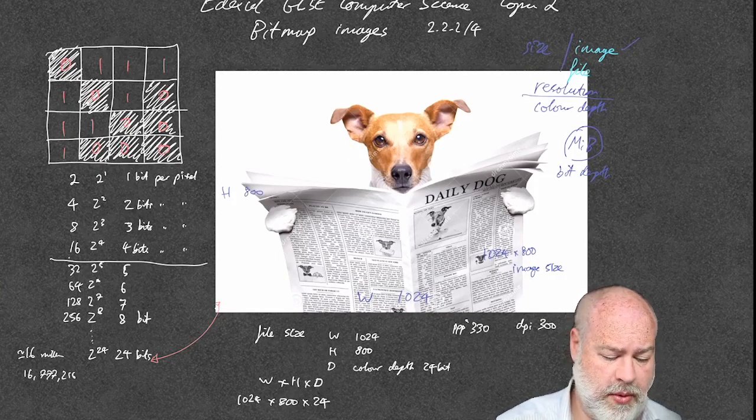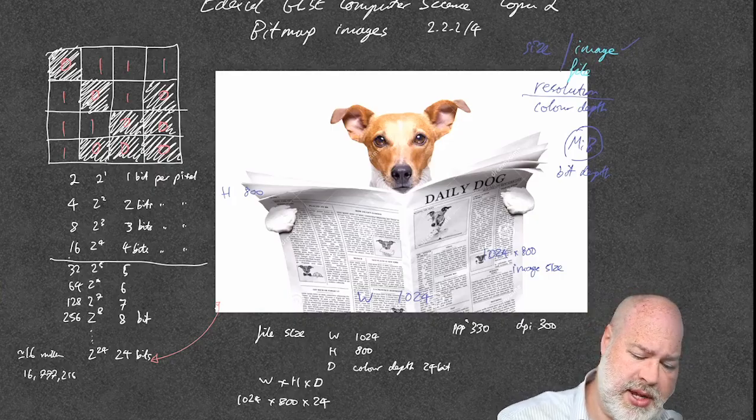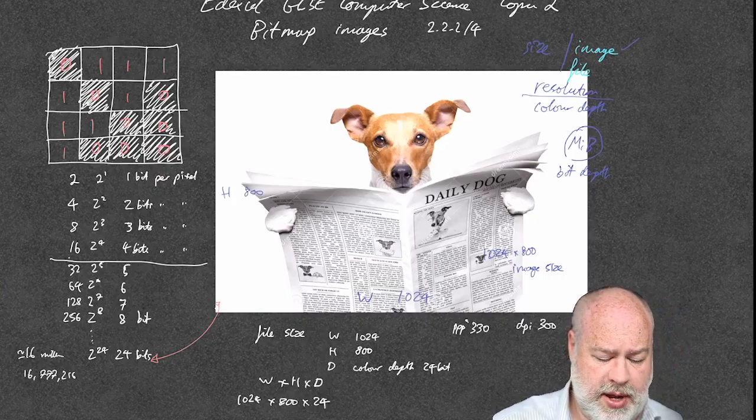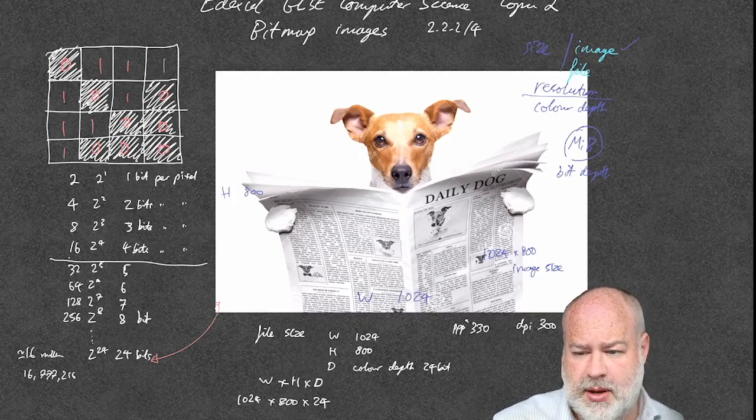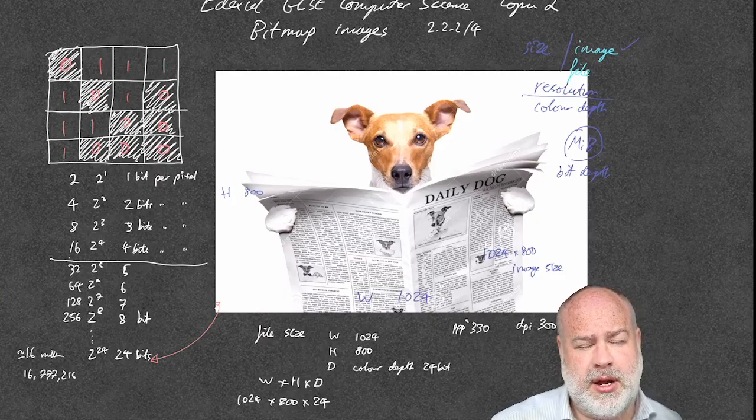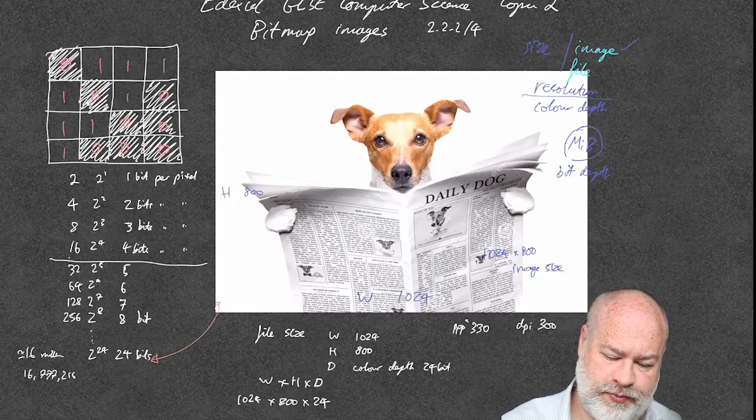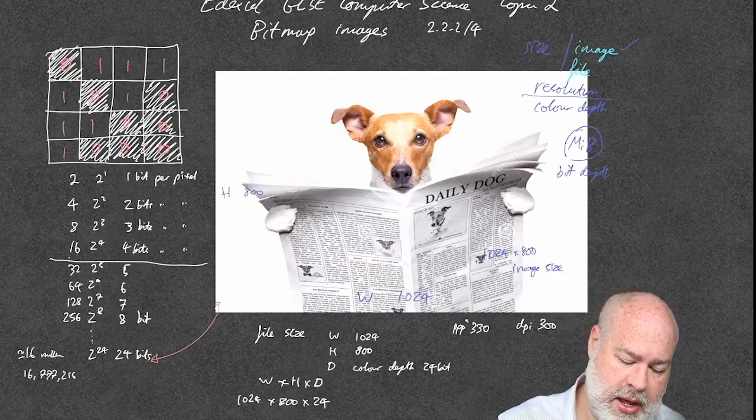And if you had just 1 bit per pixel, you can represent 2 colors because you've got 0 and a 1. Binary, it's 0 and a 1. You can store that in 1 bit. But if you've got the 24 bits, then we can represent up to over 16 million colors for each pixel. So this part of the dog here is going to have a lot more colors than just say this black and white area.